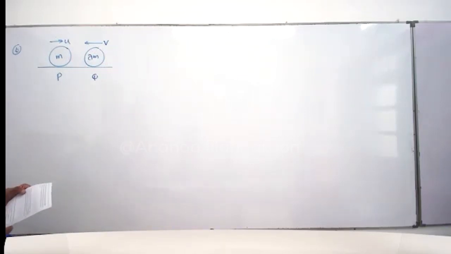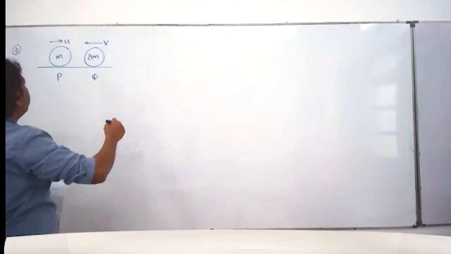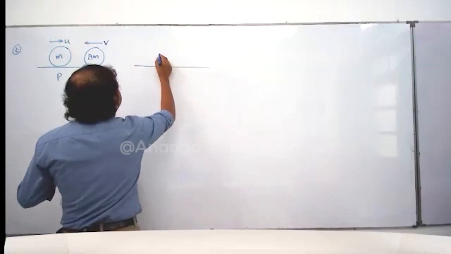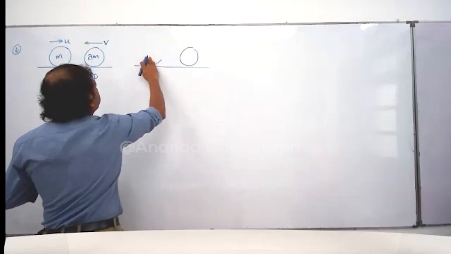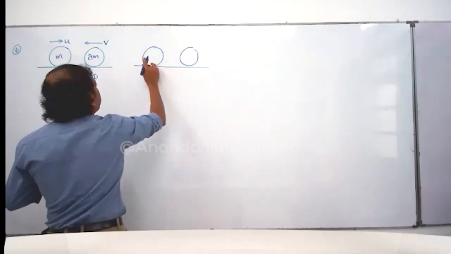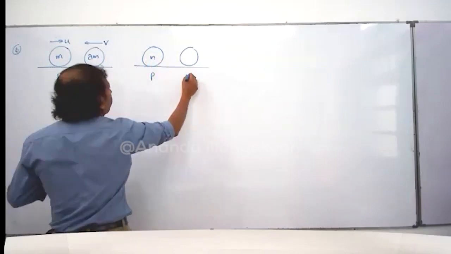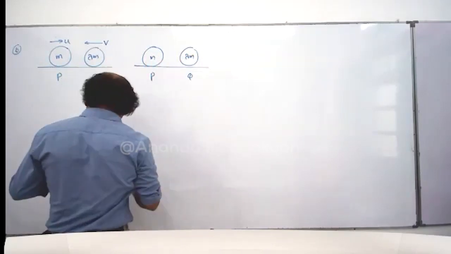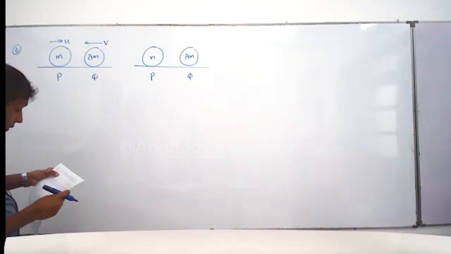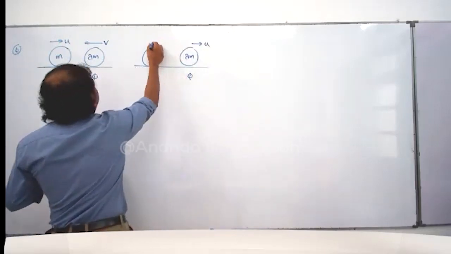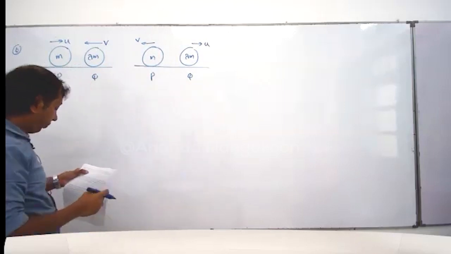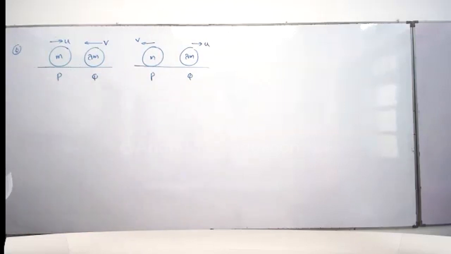And after the impact, particle P moves with speed v and particle Q moves with speed u, in opposite directions this way. Show that lambda equals 1.